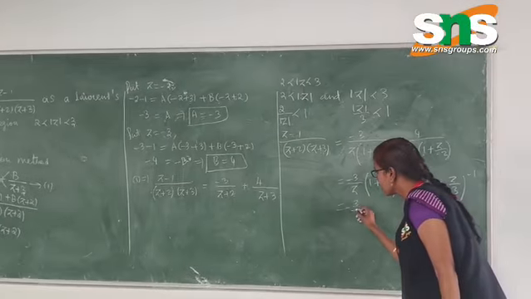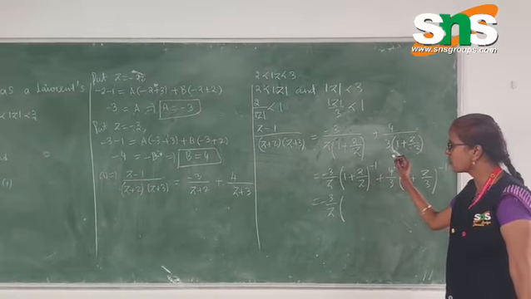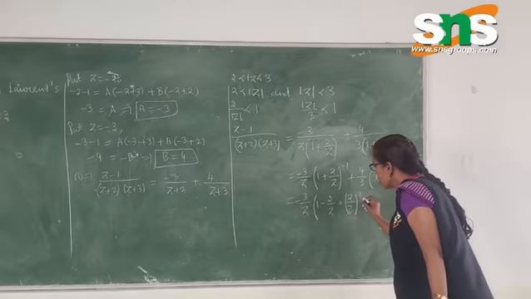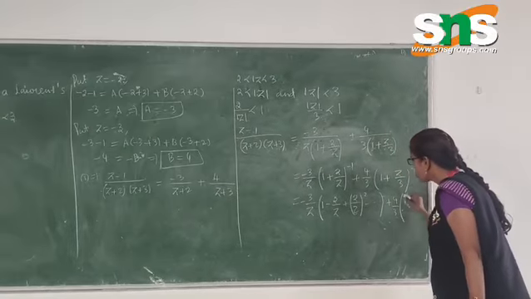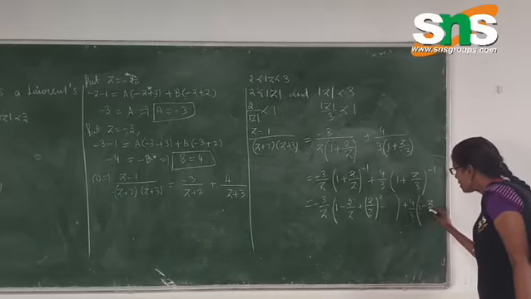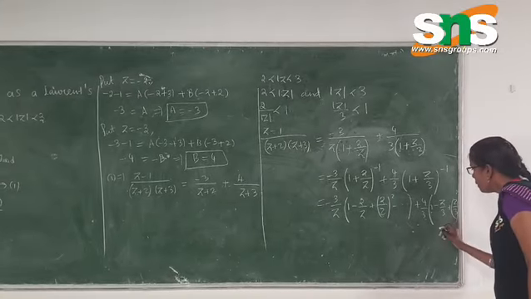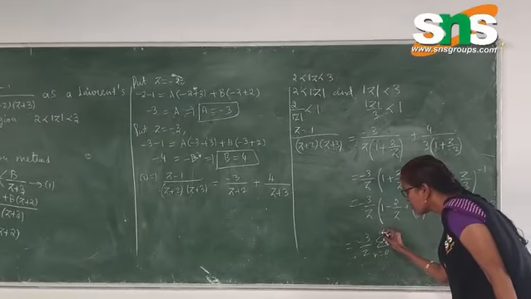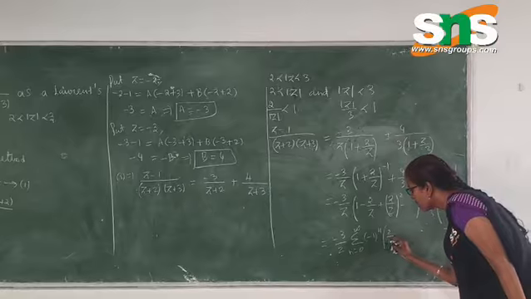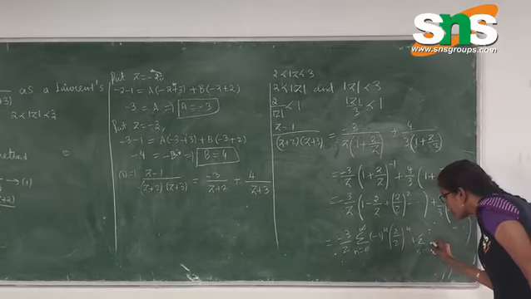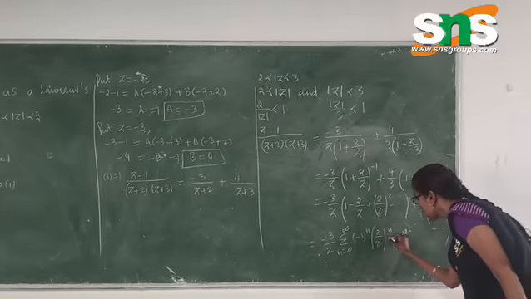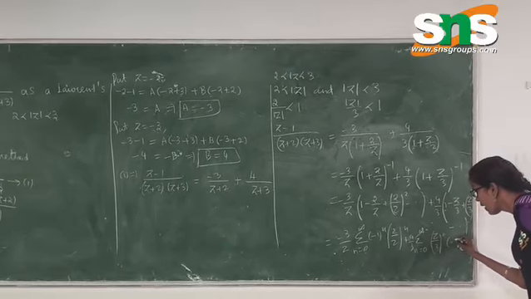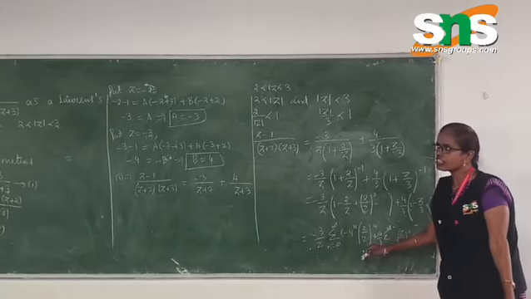Use the binomial expansion: 1 plus x the whole power minus 1 is 1 minus x plus x squared minus, etc. So we get 1 minus 2 by z plus (2 by z) the whole square minus etc., plus 4 by 3 into 1 minus z by 3 plus (z by 3) the whole square minus etc. Now we write it as summations: summation n equal to 0 to infinity of minus 1 the whole power n into (2 by z) the whole power n, plus summation n equal to 0 to infinity, with 4 by 3 outside, of (z by 3) the whole power n into minus 1 the whole power n. This way we find the Laurent series.